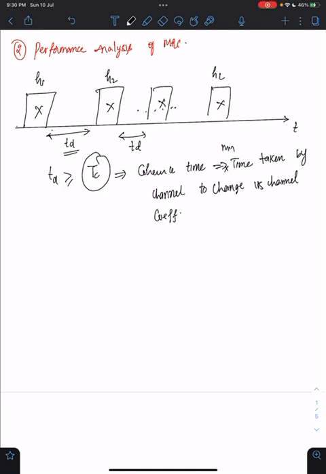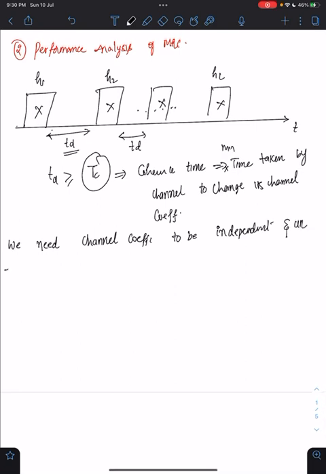The answer is that we need the channel coefficients to be independent and uncorrelated.